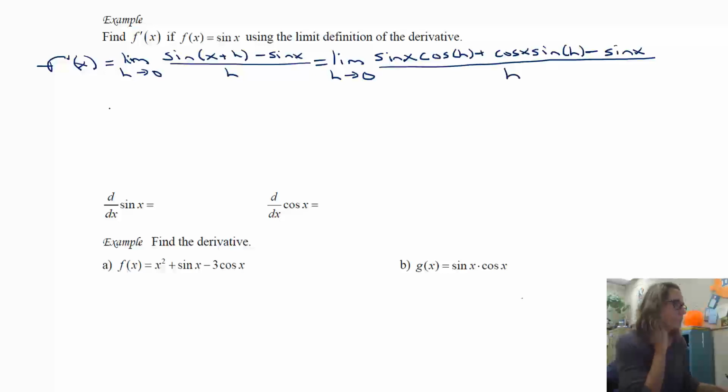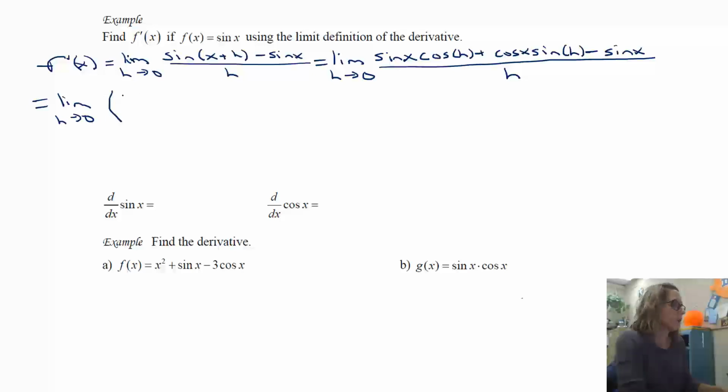All right? So now we're down over here, and we've got the limit as h goes to 0. And what I'm going to do, not too surprising, is separate these into two limits. This is very, very common.